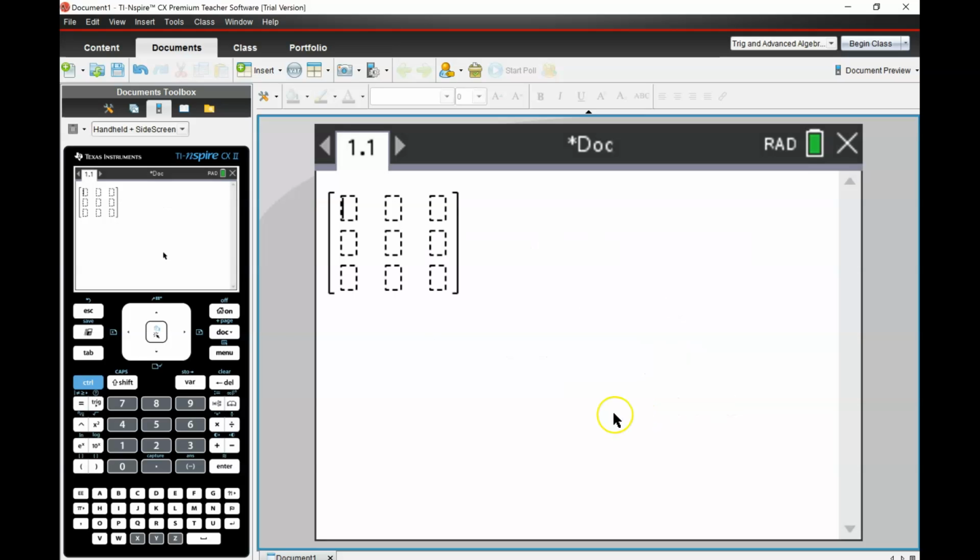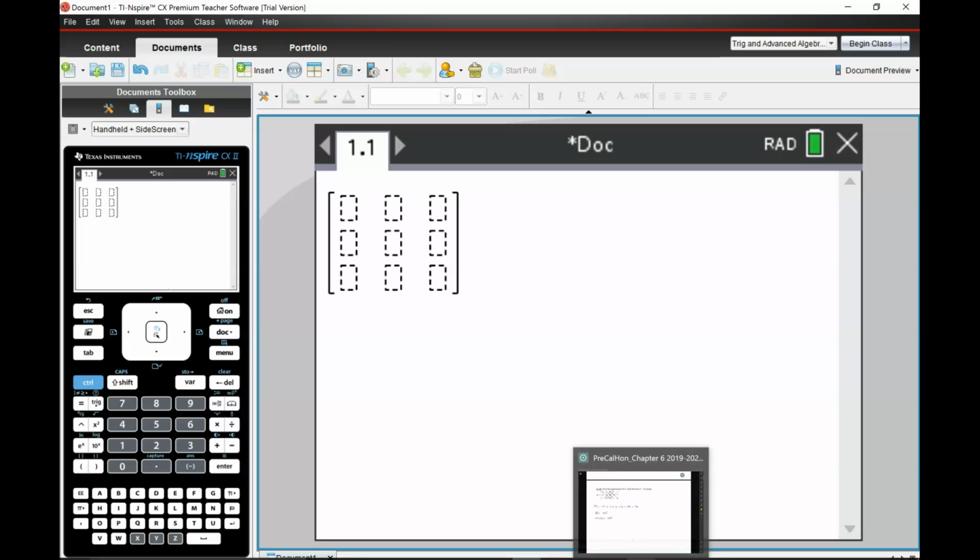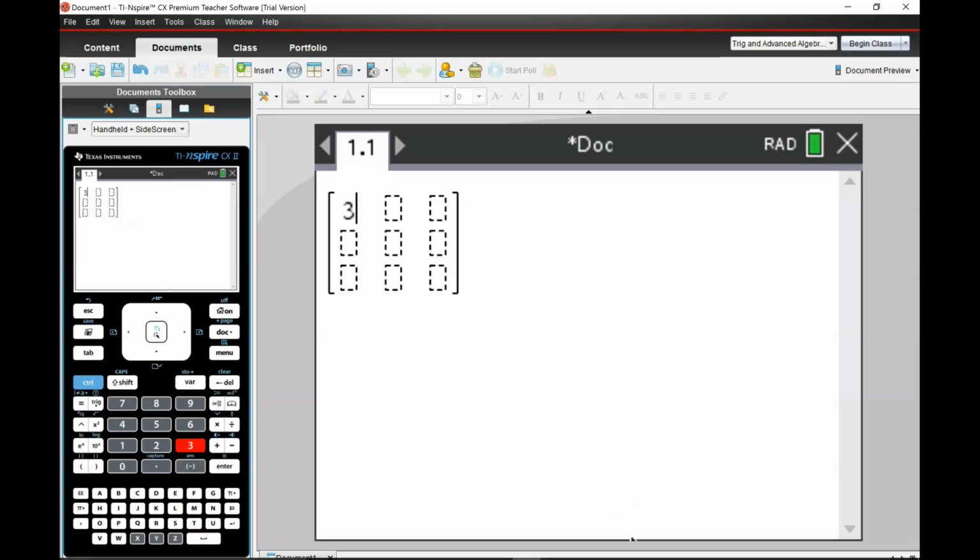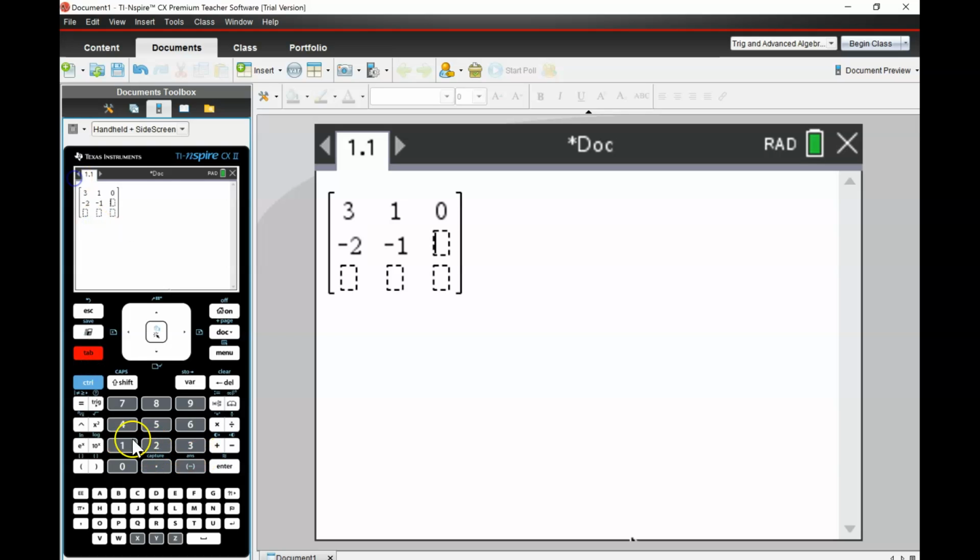Oh, look at that, it's a matrix. Put in matrix A that we were just working with. Now look, use the buttons here. If you press tab, it goes along the horizontal rows. So 3, tab, 1, tab, 0, negative 2, negative 2, negative 1, 4.